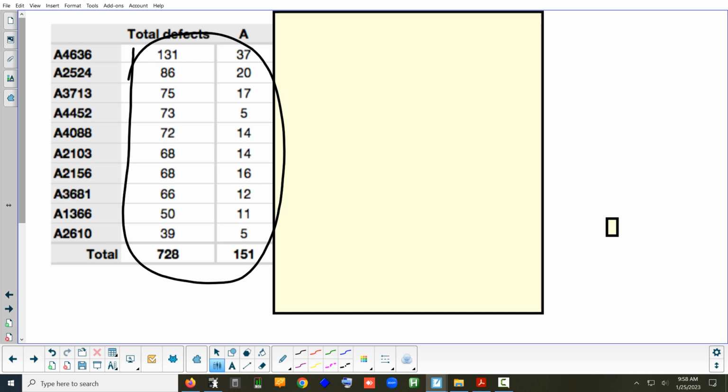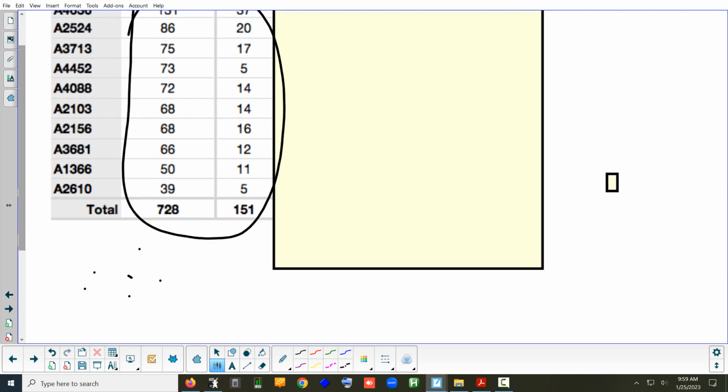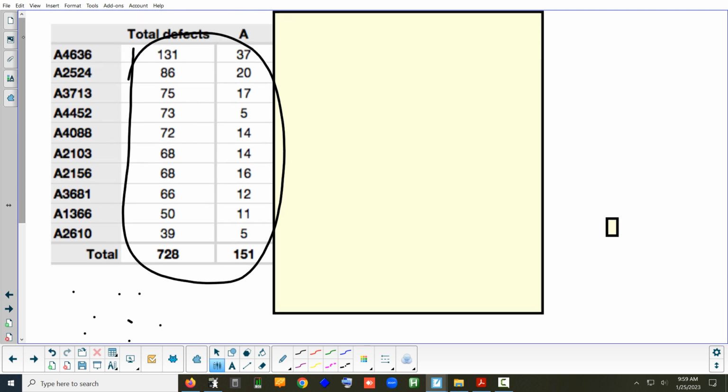Right, you can see if there's a pattern if the dots line up straight. So if I were to graph total defects on the x-axis and the A number in the y-axis, then I would get dots that show me a picture. If the dots look like this when I graph them, then I would say there's no connection between this first column and second column.